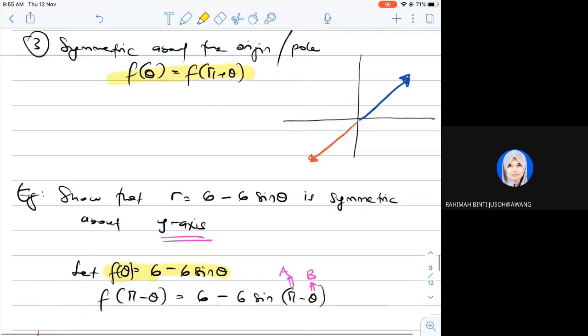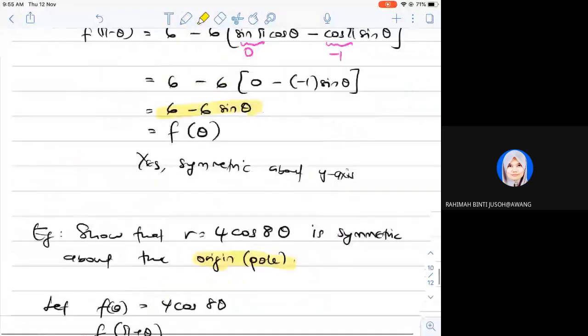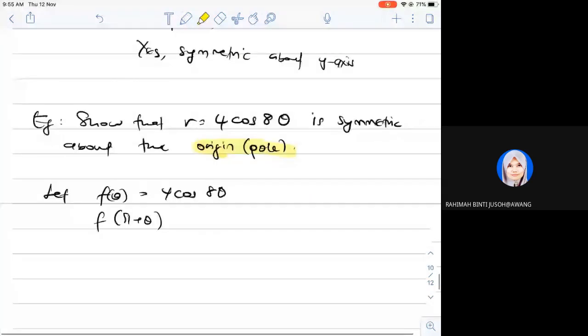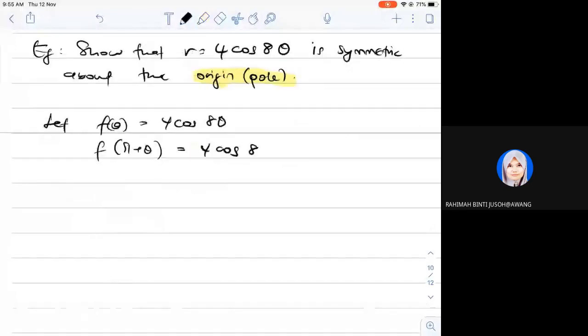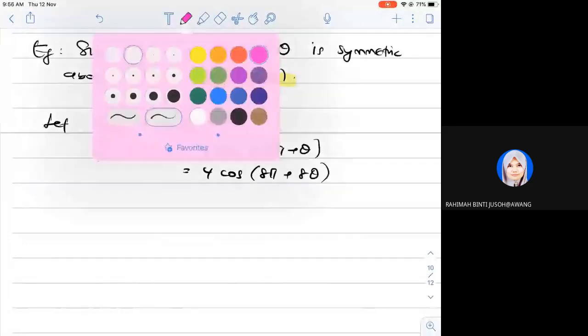We need to show that f theta is equivalent to f pi plus theta. So f pi plus theta is 4 cos 8 multiplied by pi plus theta. So we will have 4 cos of 8 pi plus 8 theta. Now for this case, we need to use the addition formula of trigo.